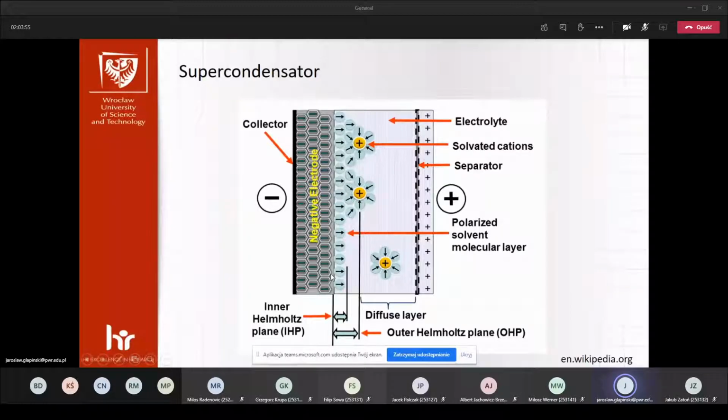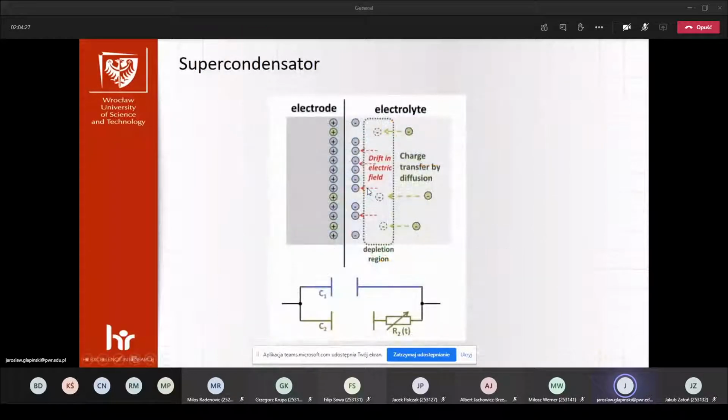The Helmholtz plane is the layer where the process of exchanging the electrons appears, from the electrolyte to the collector. Yes, because we've got the typical capacitor with these two layers and the electrolyte inside, and the ions from the electrolyte go to the inner Helmholtz plane, and in this process we have the ions going to the plane, as in a battery, as in an accumulator.